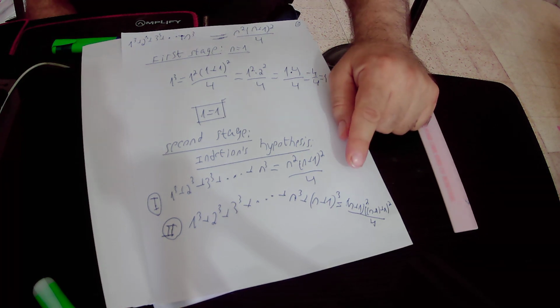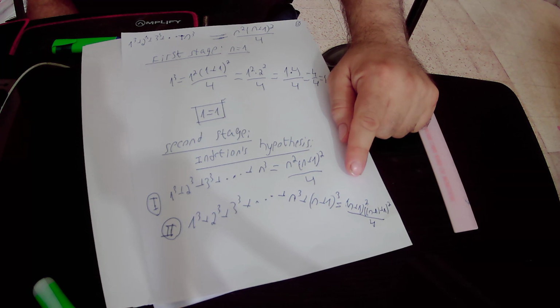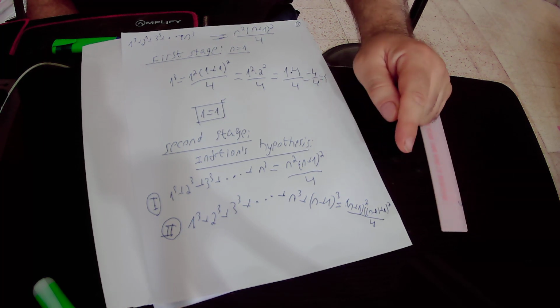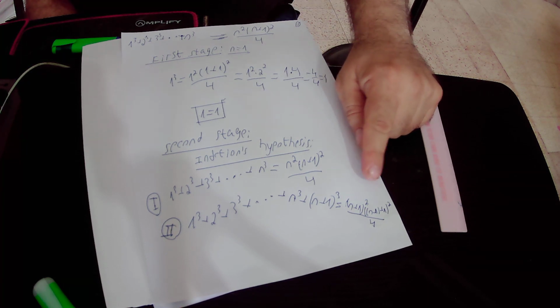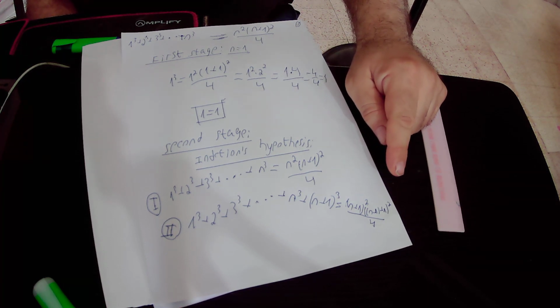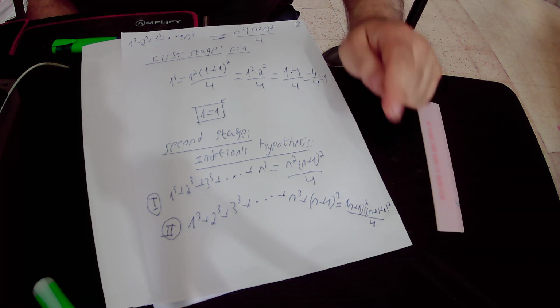So instead of n squared, it will be n plus 1 squared, times n plus 1 plus 1 squared, all divided by 4.